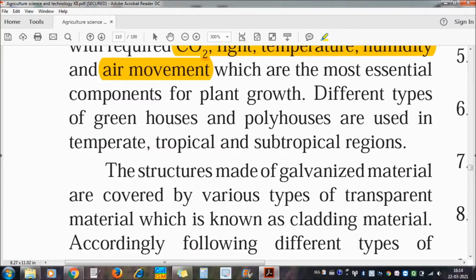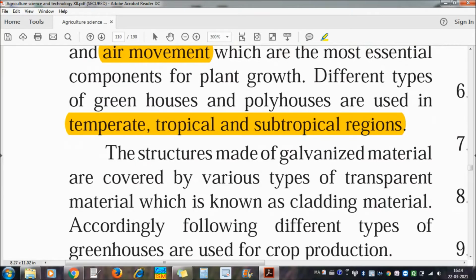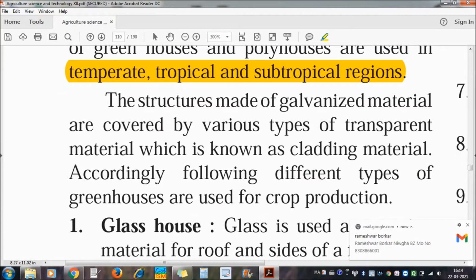Now there are different kinds of greenhouses and polyhouses, and they are used in different tropical, temperate and subtropical regions. As we have studied during your last year, there are three kinds of climates: temperate climate, tropical climate and subtropical climate. So accordingly we have to use these different structures.